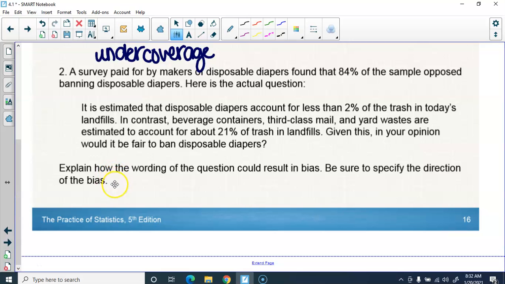So really what this is doing is it makes it sound like diapers are not a problem by saying 2% versus the 21%.